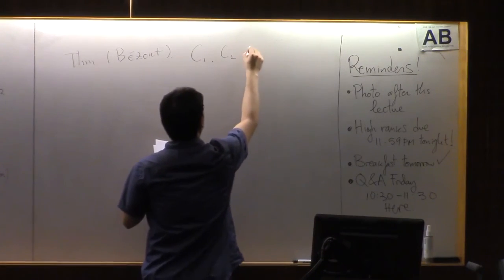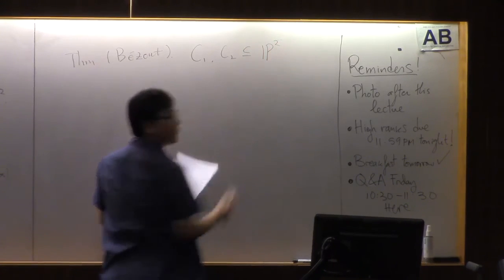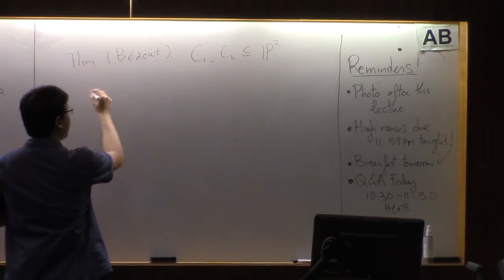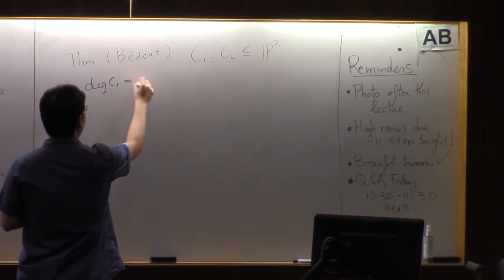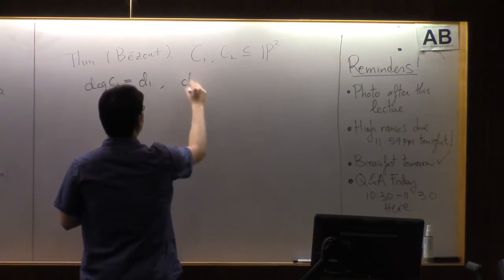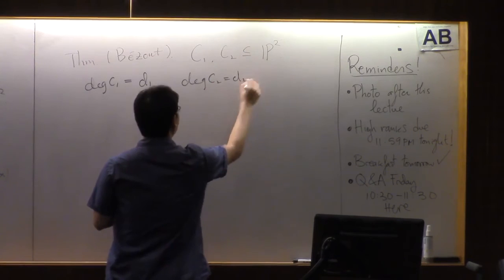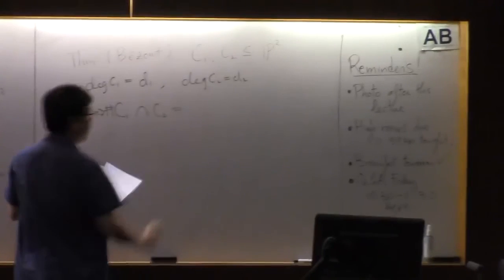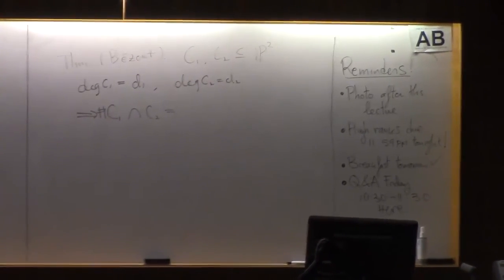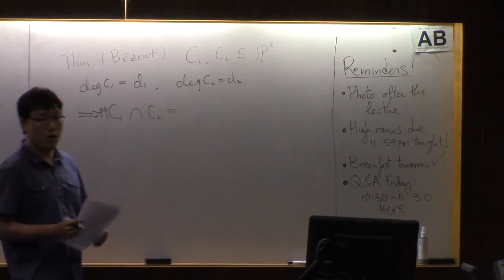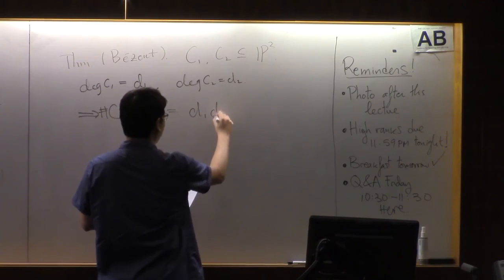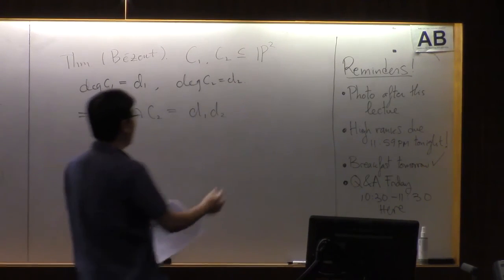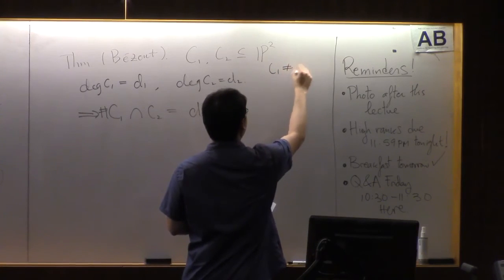If we have two curves inside P2, and I assume that the degrees of the two curves are given by D1 and D2, then if you count the number of intersection points of these two curves, the number can be computed as the product of the two degrees. Here, of course, I need to assume that the two curves are different.